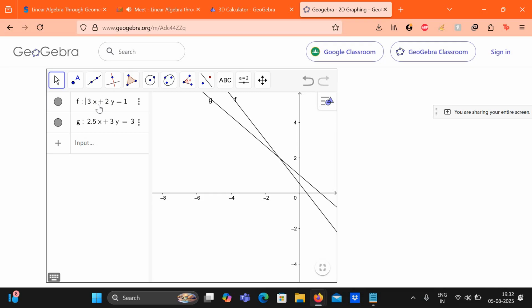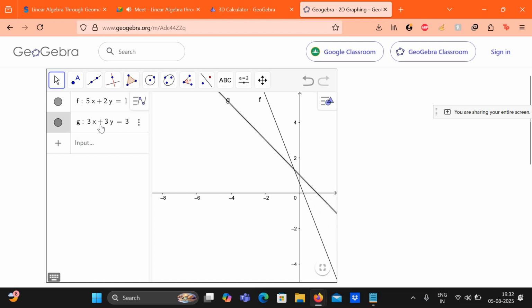I want to bring it to the origin. Even 3 is not good enough. Let's say I try 5. Now I'm very close to the origin. X axis wise, let's say I put 8.